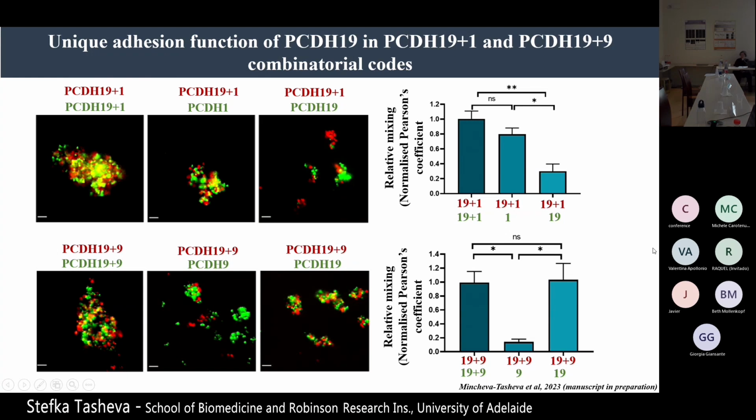And actually, this is a very interesting point here, because what we found is that besides the similar cis interaction that's been found with the PCDH19+1 and PCDH19+9, we still see some differences in terms of trans interaction. So PCDH19 actually plays a very different role in the cell-cell interaction in the two different codes.